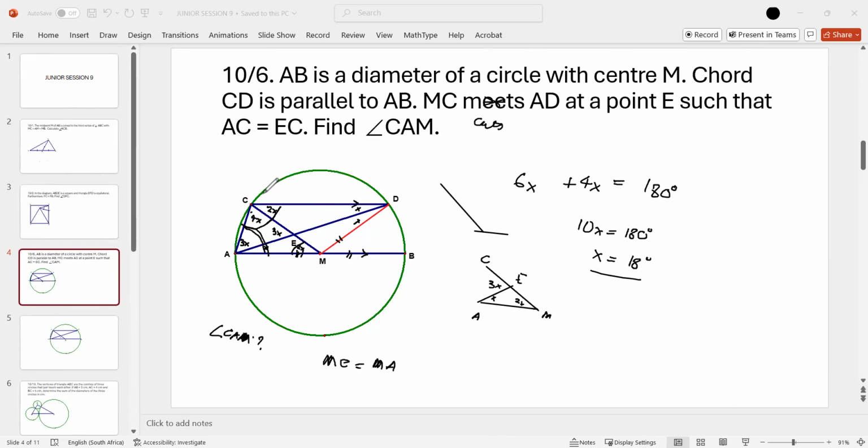But that wasn't the problem. The problem was to find angle CAM. That's what we needed to find. But now CAM is easy to see, because you've got a 3x there and an x there, so it's 4x. It's 3x plus x.